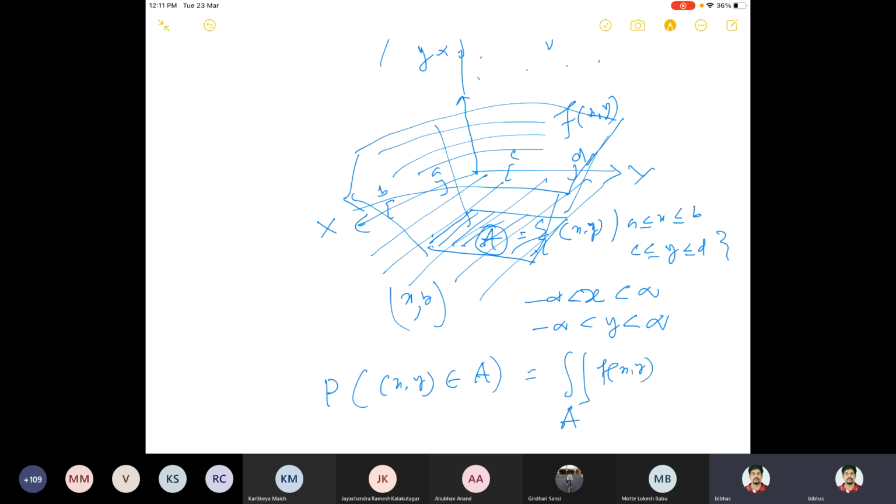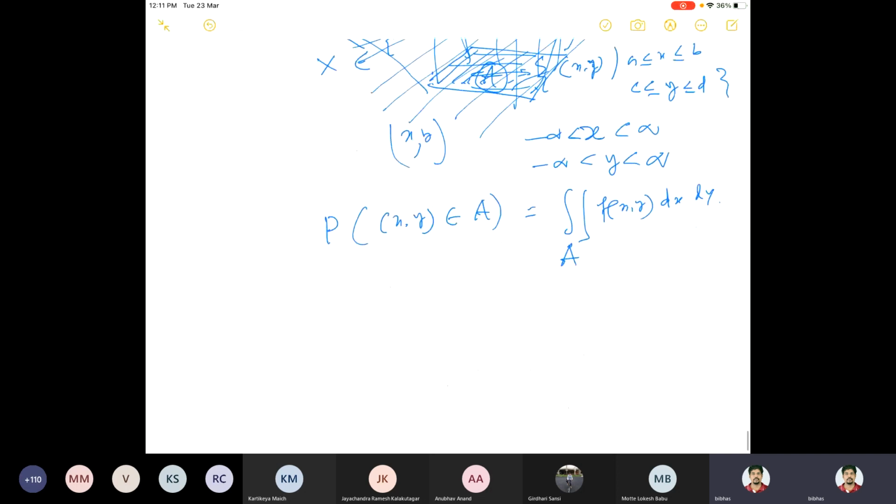If I know the joint probability density function f of x,y, then the integral over A of f dx dy is nothing but the volume under this roof, where we take a projection and get A as this one. So this volume is actually called the probability. This is what we talked about.